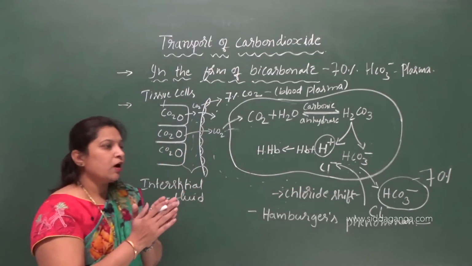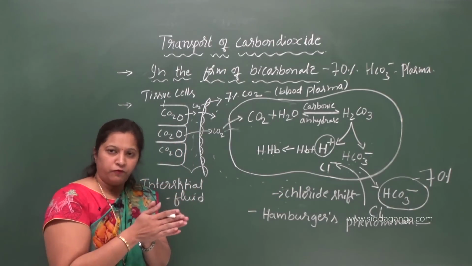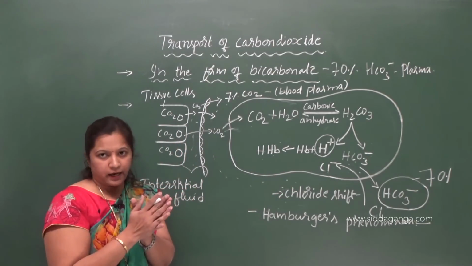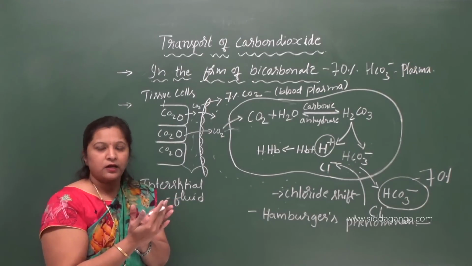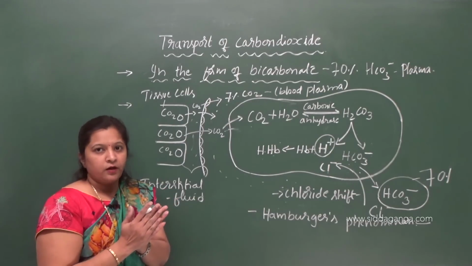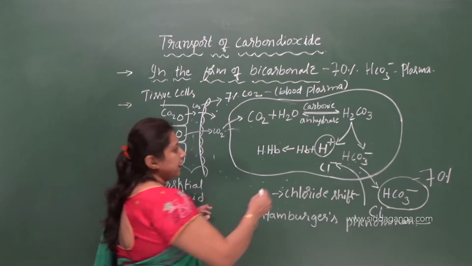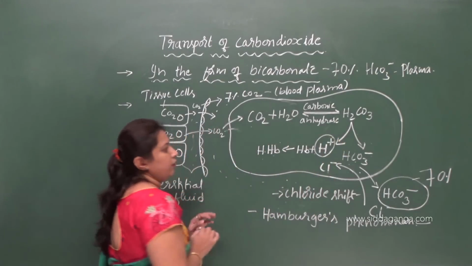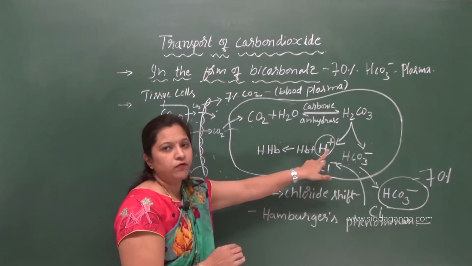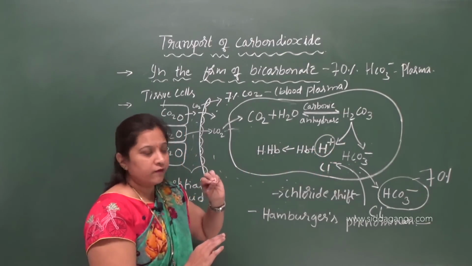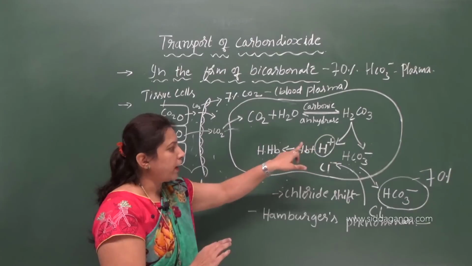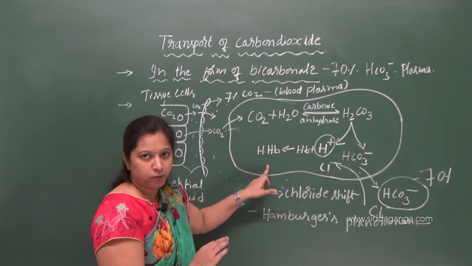Okay. So once the oxyhemoglobin is formed at the alveolar site, what happens? This oxyhemoglobin behaves as a strong acid and it releases excess of hydrogen ions. At the tissue level, hydrogen ions bind with hemoglobin and form hemoglobinic acid.